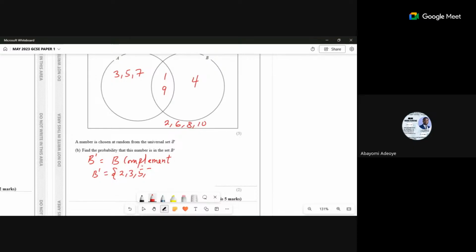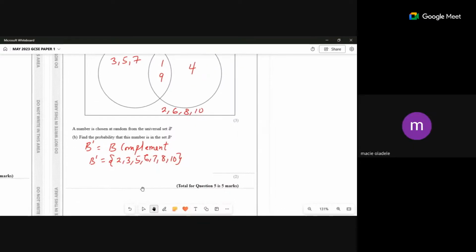How many elements do we have altogether? 1, 2, 3, 4, 5, 6, 7. So what's the probability of B complement? 7 over what? 10. That's very good. So 7 over 10.